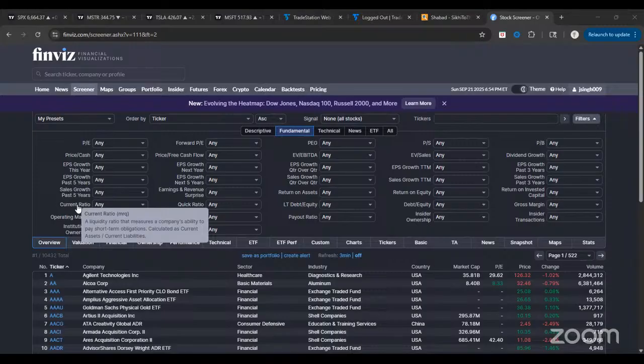Short-term bills, month-to-month bills. So it's just telling you, can the company pay this month's bill or not? Can they pay next month's bill or not? That's all it's saying. Does the company have enough cash? So all of this is fundamentals.